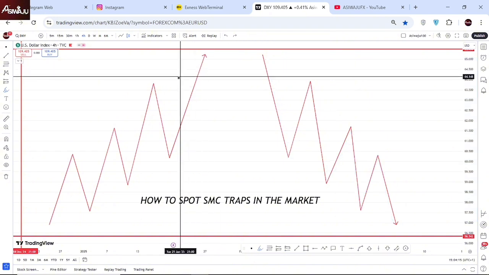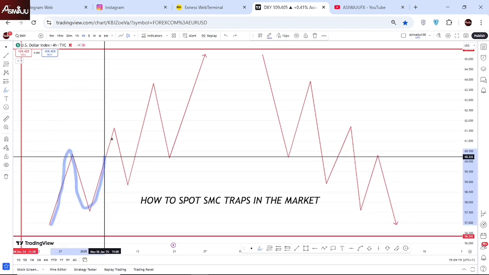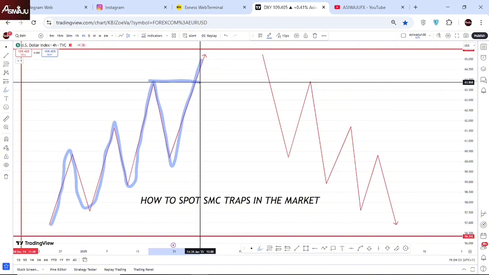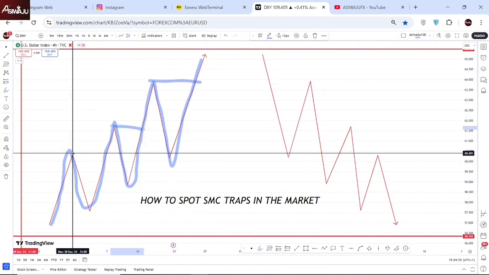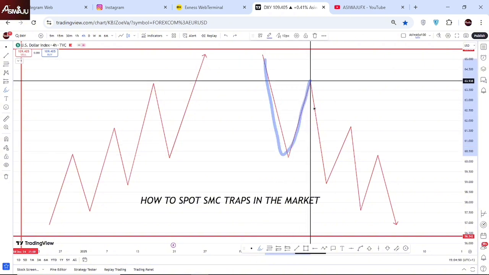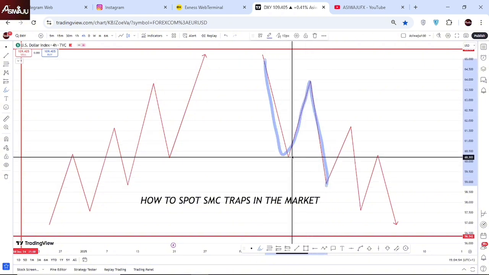And like I said previously, anytime price is just creating this kind of move, this doesn't mean we are having a break of structure. No, this is not a break of structure. If you haven't watched my previous video, go and watch it now so you can understand all these concepts.